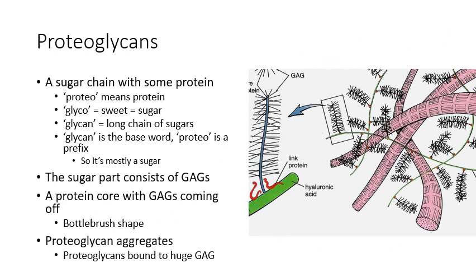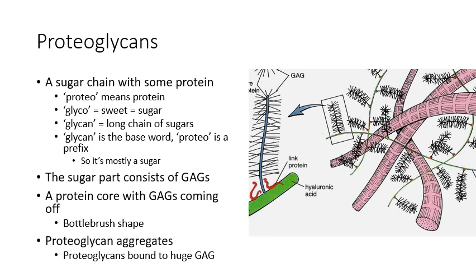The next type of large molecule in your ground substance is the proteoglycans. So a proteoglycan is a sugar chain with some protein attached to it. Glycan would be the base word in proteoglycan, and a glycan is again a long chain of sugars. And then proteo, meaning proteins, that's the prefix.